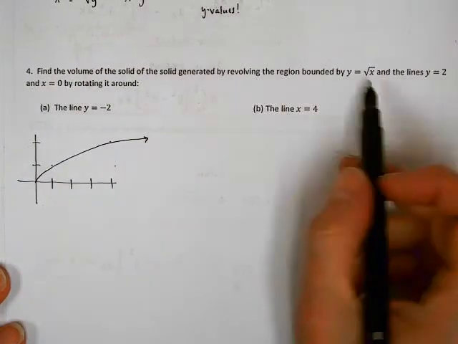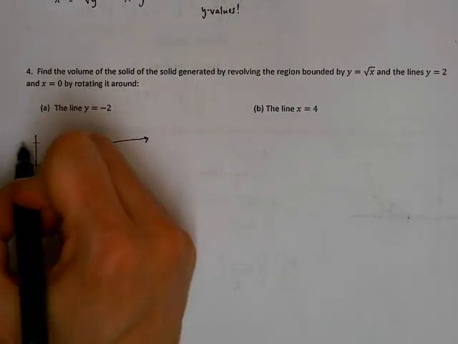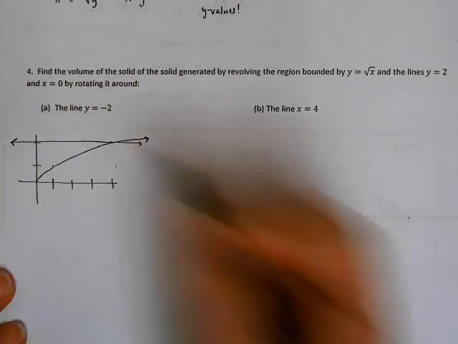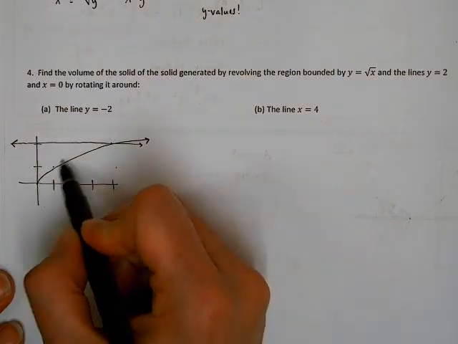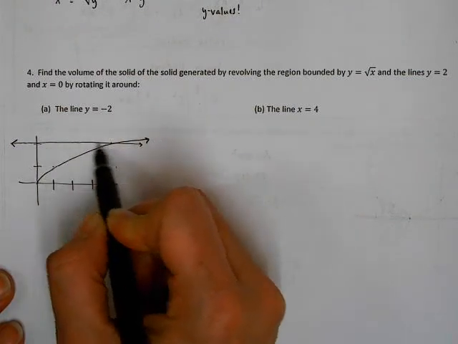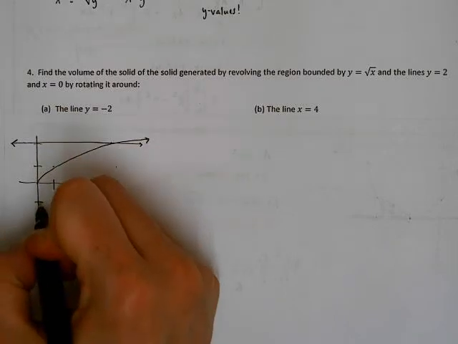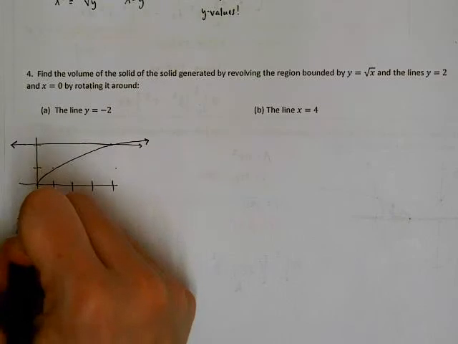It's bounded by the line y equals 2 and x equals 0, so it looks like it's this region in here that's trapped. Now we're revolving that about the line y equals -2. I'm going to draw that in green. That's my axis there.